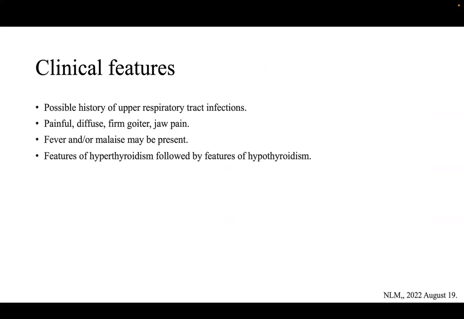In the clinical features, there could be a possible past history of upper respiratory tract infections. These patients will have a painful firm goiter. In addition, fever or malaise can be present, and again they will have features of hyperthyroidism followed by features of hypothyroidism.